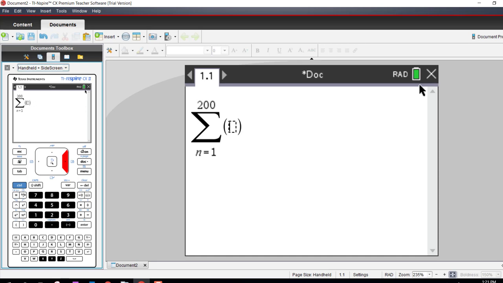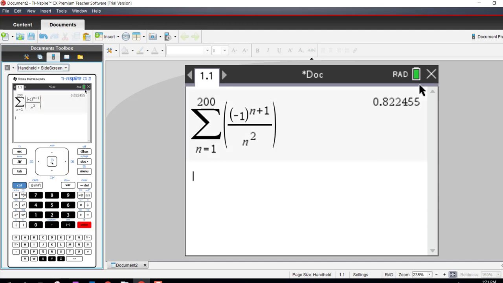And then in parentheses, I'm going to make a fraction just to make my life easier. I'm going to put -1, raise that to the n plus 1 power. And then in the denominator, I'm going to put my n squared. And it's a lot easier. So I hit enter, and there's the answer.